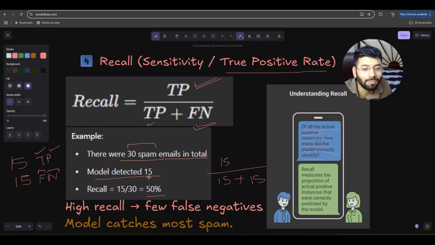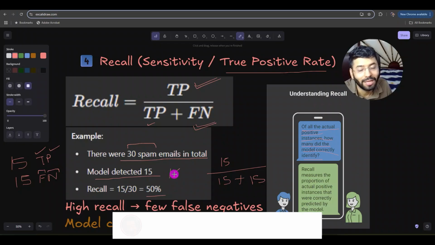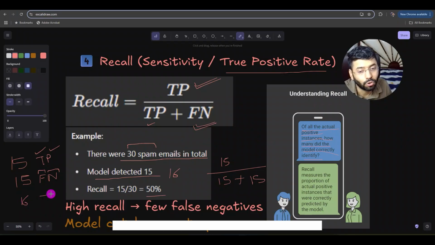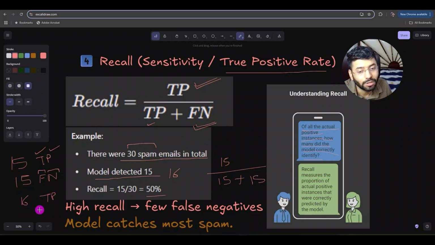If we slightly modify it, say the model detected 16 mails as spam. In that case, 16 will become your true positive and your false negative will become 14, which is 30 minus 16. The remaining 14 were false negatives because you incorrectly predicted them as non-spam. So in that case, your recall would be 16 divided by 30.